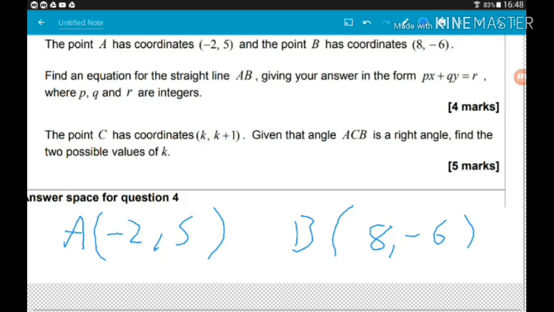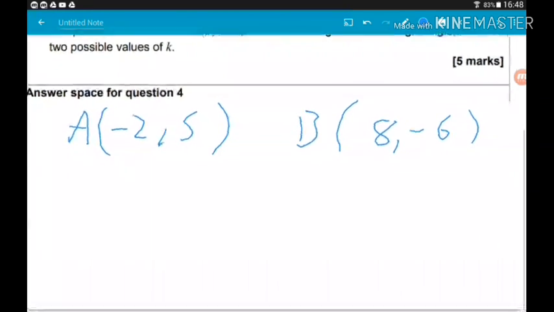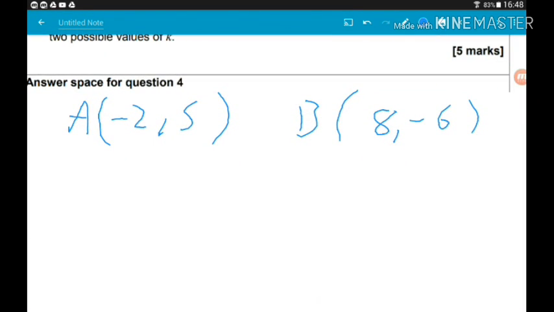Okay, so we want to find the equation of the straight line joining these two points together. To do that, we need to work out the gradient. The gradient is difference in y over difference in x.